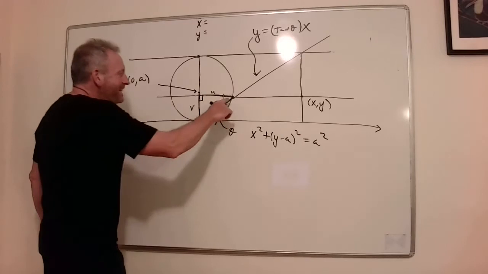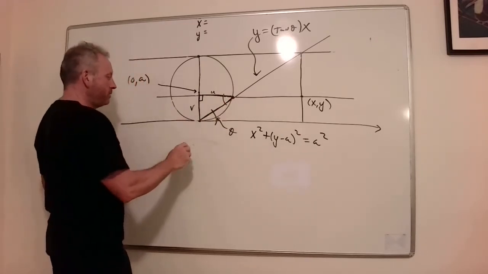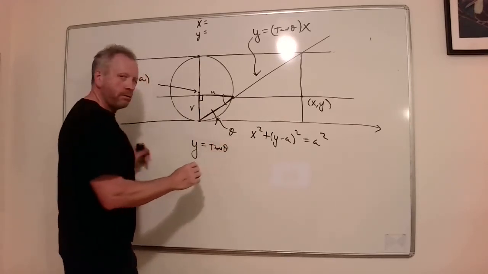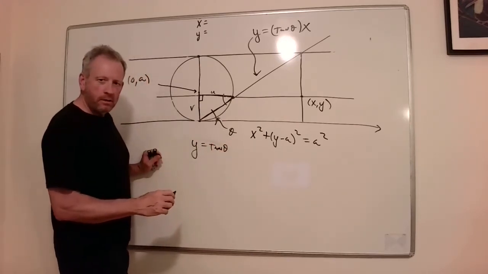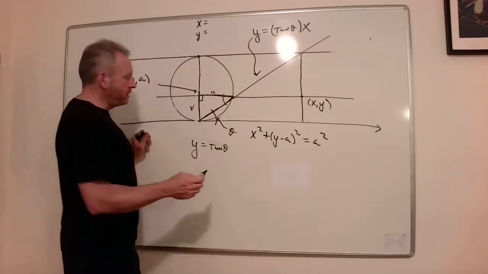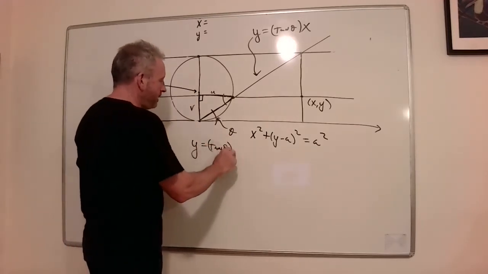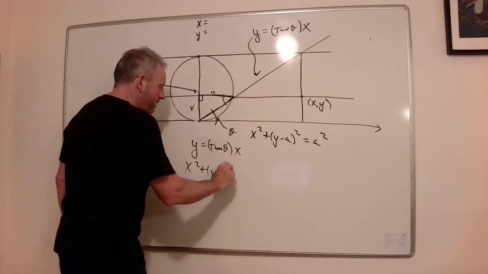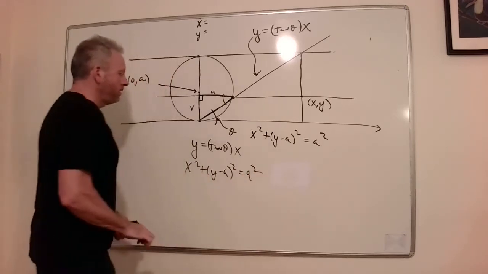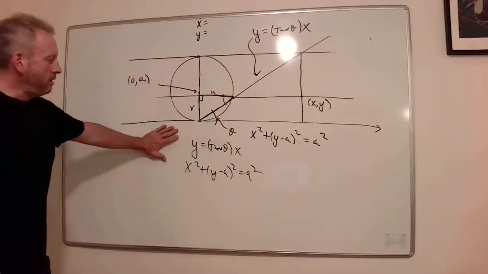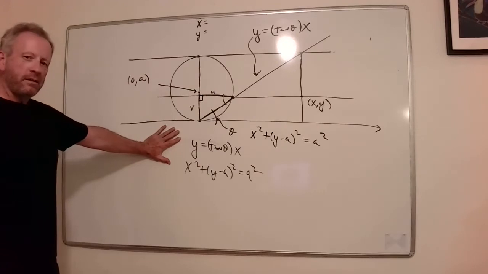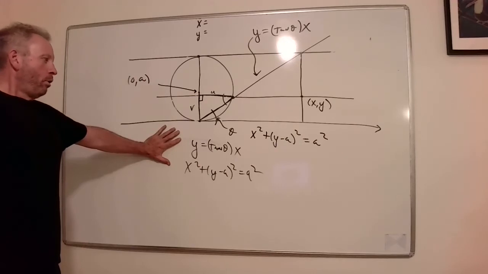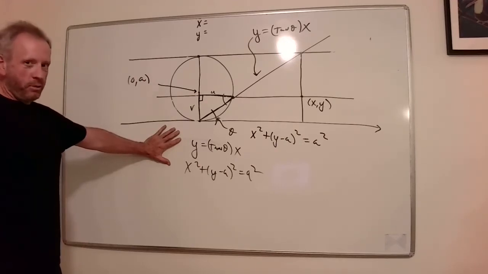So that means this point right here is a solution to y equals tangent of theta times x, and it's also a solution for x squared plus (y minus a) squared equals a squared. Now, what does this look like? Your old friend, two equations and two unknowns. It's not a very friendly looking two equations and two unknowns.